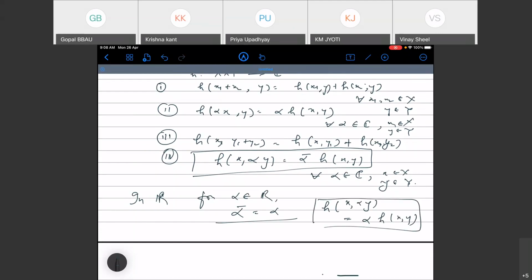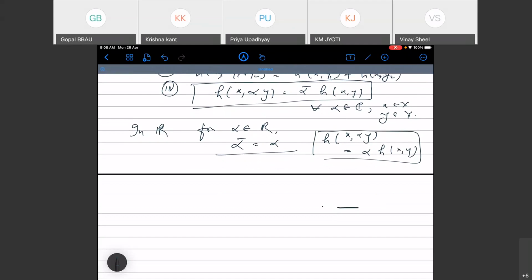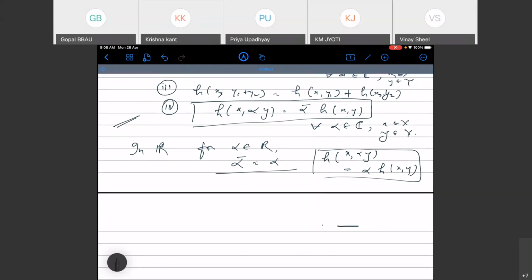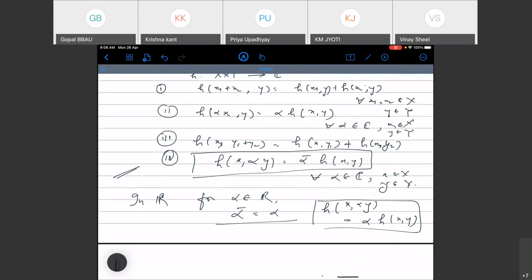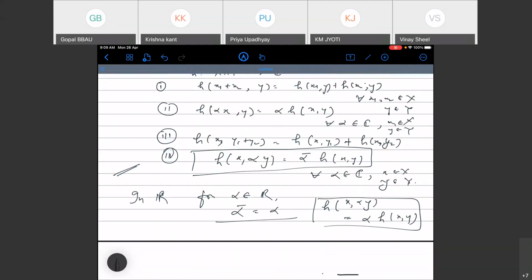So in this case, it is linear in the second coordinate as well. So sesquilinear, if both X and Y are real vector spaces, means bilinear, so it is linear in both coordinates. And when we are in the complex case, sesquilinear means linear in the first coordinate and conjugate linear in the second coordinate.